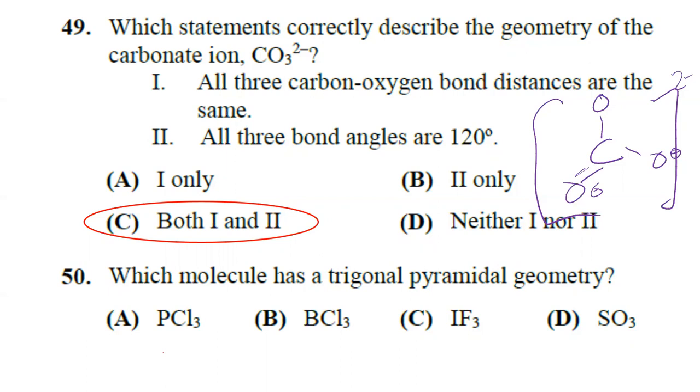So trigonal pyramidal means we should have 4 electron groups, 1 lone pair, and 3 atoms.